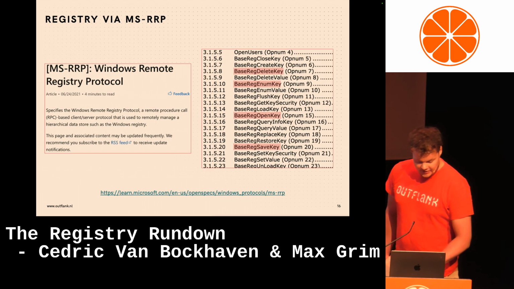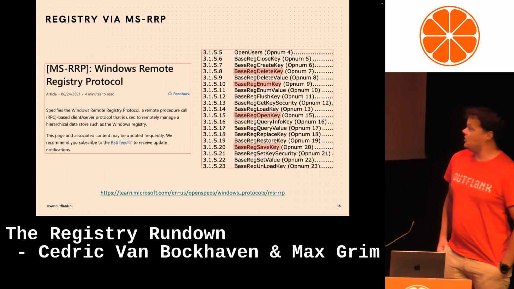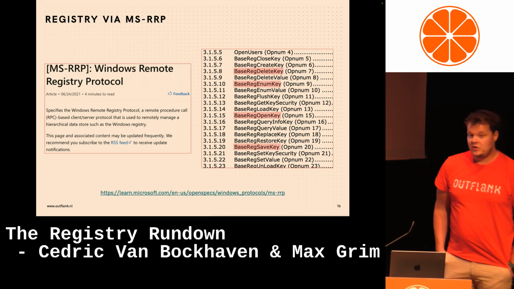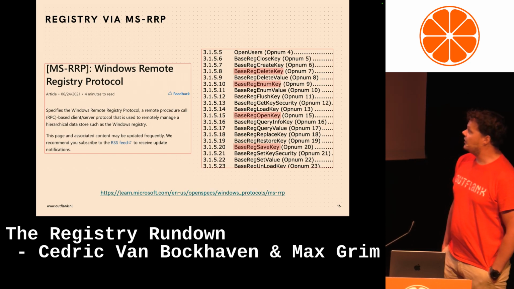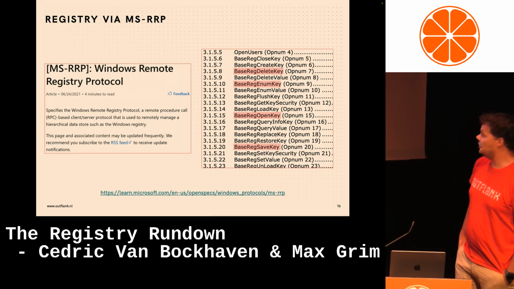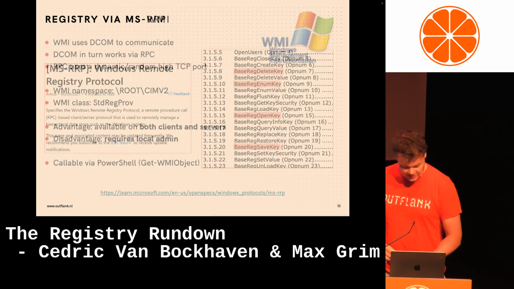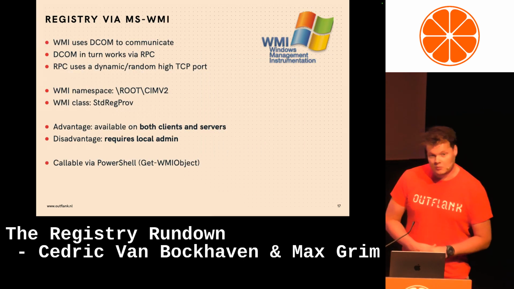And this is actually a nicely documented protocol by Microsoft. There's this huge PDF that you can download with all the different opnums, all the different RPC functions that you can call. And then you can do stuff like deleting keys, enumerating keys, opening them, saving to them, whatever you want.